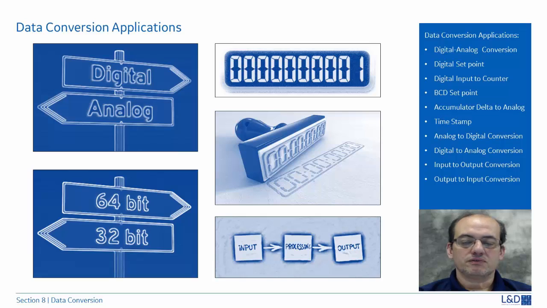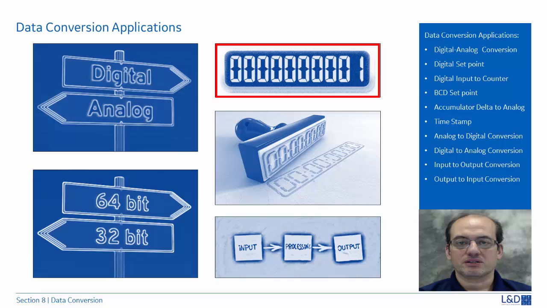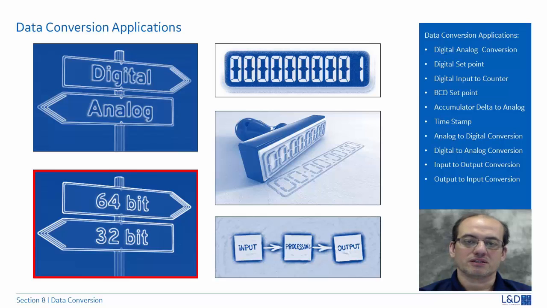In a substation environment, there is always a need for converting either analogs to digital or digital to analogs, or converting an input to an output or an output to an input. Convert the type, whether it is 12-bit to 16-bit, 16 to 12, or so forth, like 32 to 64-bit.